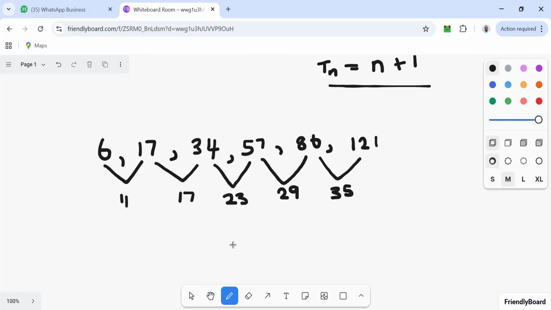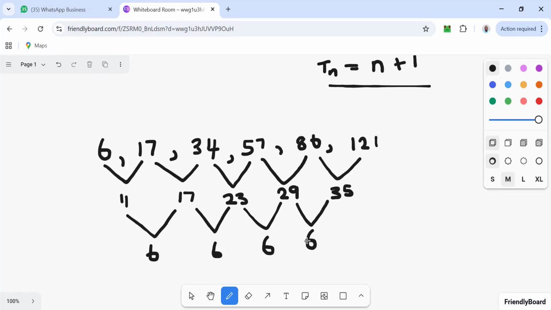You can see that the second difference row is 6, 6, 6, 6. All right, perfect.